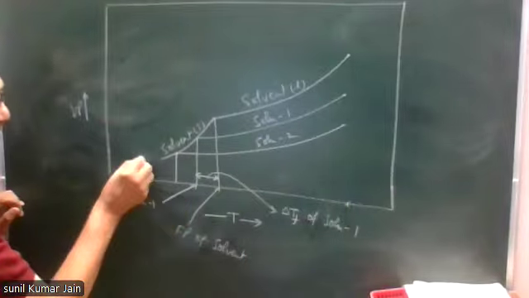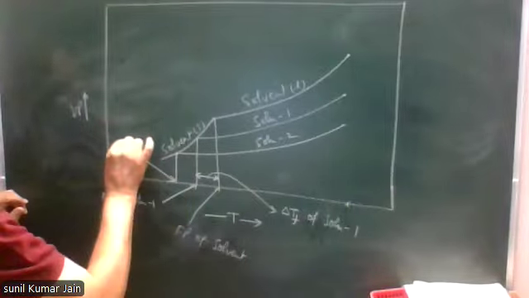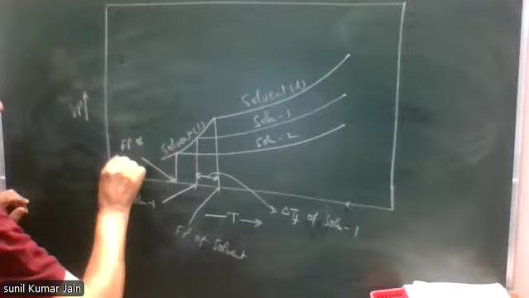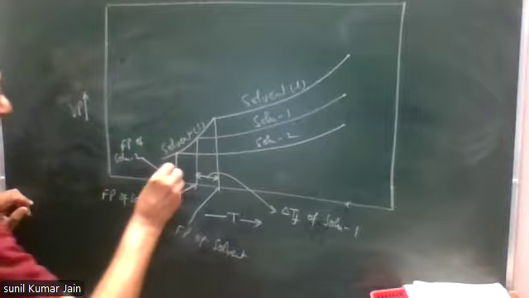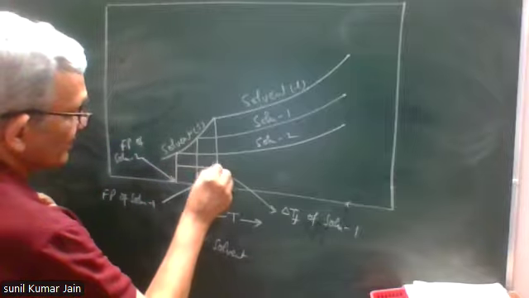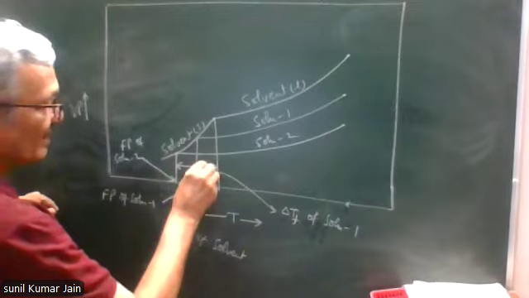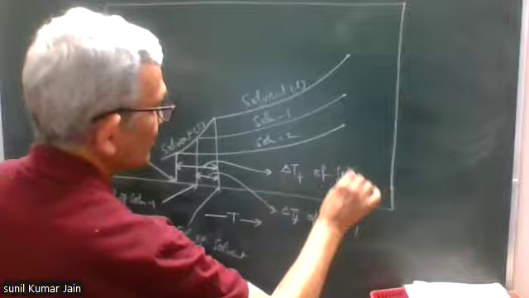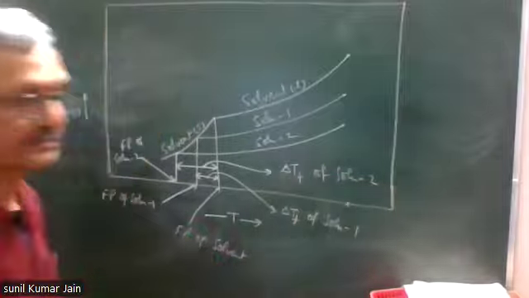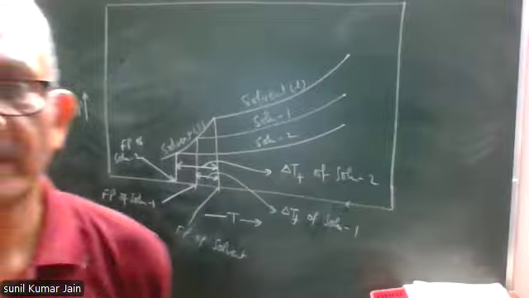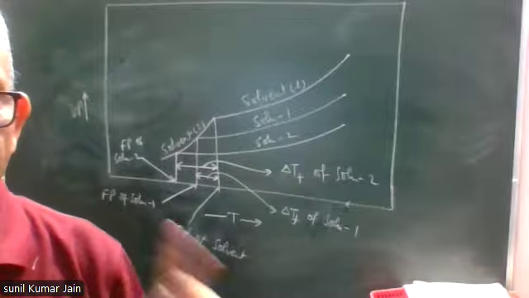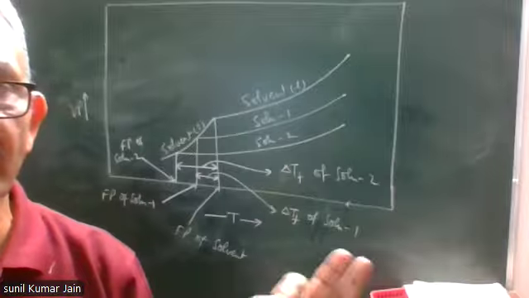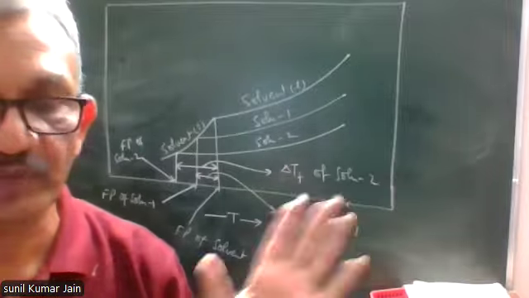This is the freezing point of solution 2, and this gap is delta TF of solution 2. It means the more the concentration of solution, the higher is the value of depression in freezing point.